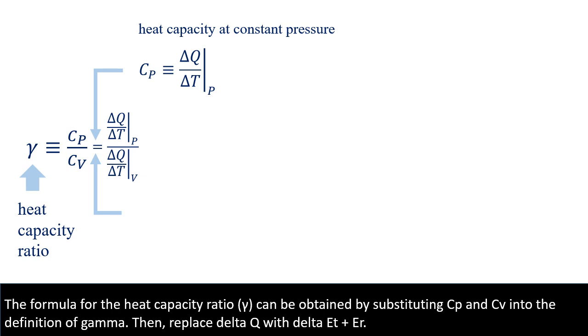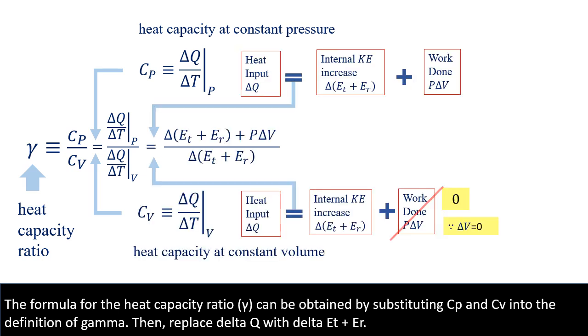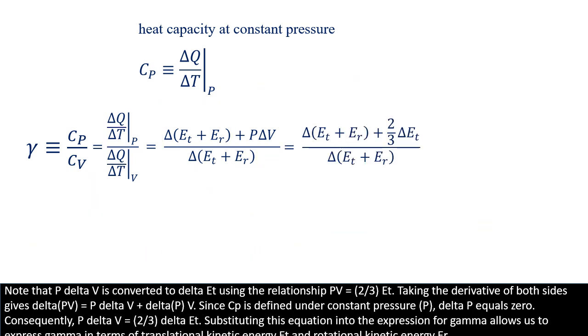The formula for the heat capacity ratio, gamma, can be obtained by substituting Cp and Cv into the definition of gamma. Then, replace delta Q with delta ET plus ER. Note that P delta V is converted to delta ET using the relationship PV equals 2/3 ET.